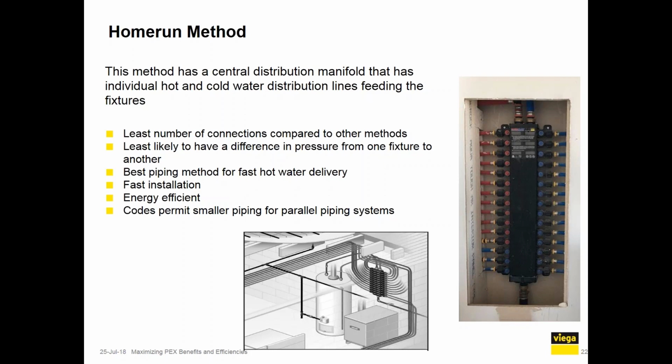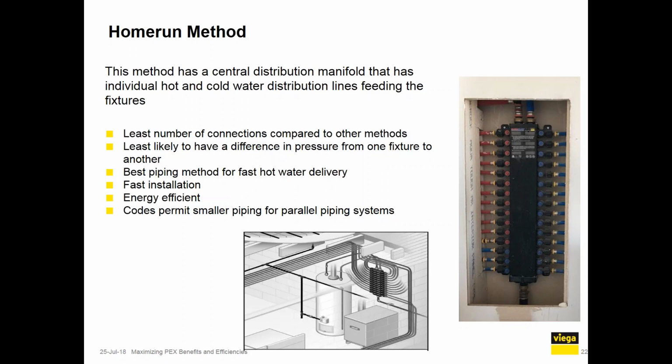We'll even talk about the hot water wait time that you save over the course of your lifetime here in a couple of slides. And so the benefit of using a home run method is the ability to use smaller sizes of tubing in your system because everything is individually fed.